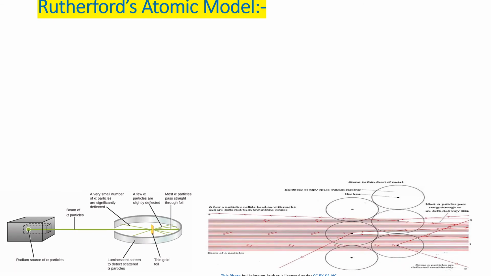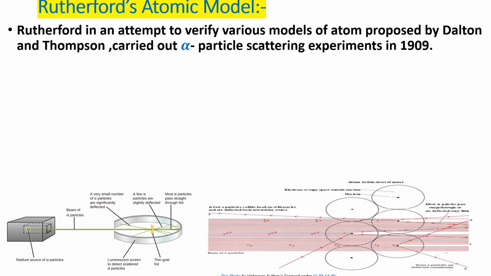Last point, that is Rutherford's atomic model. Rutherford, in an attempt to verify the various models of the atom proposed by Dalton and Thomson, carried out the alpha particle scattering experiment in 1909.